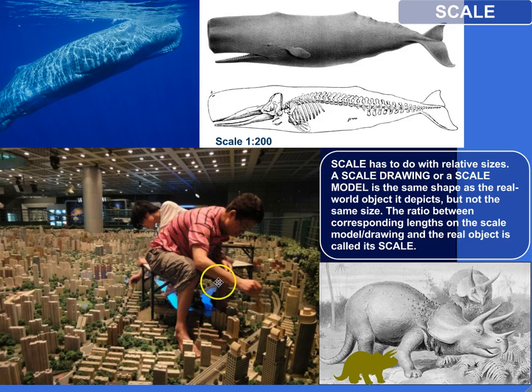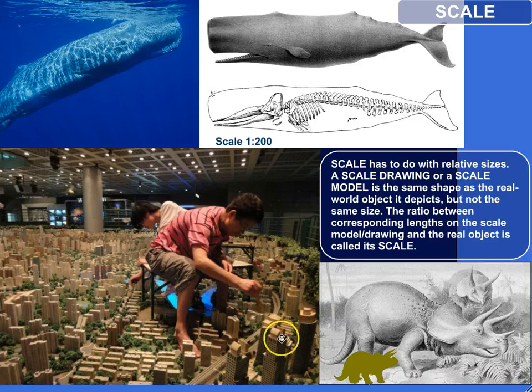And here are some examples. Scientific drawing, and here's a scale model of a city, I believe Shanghai, where the artists are purposely doing this to scale, which means that the ratio of each corresponding measurement to the real city is always the same.